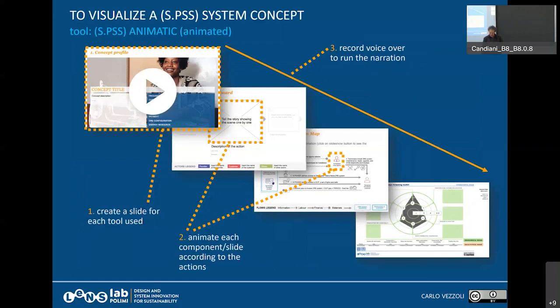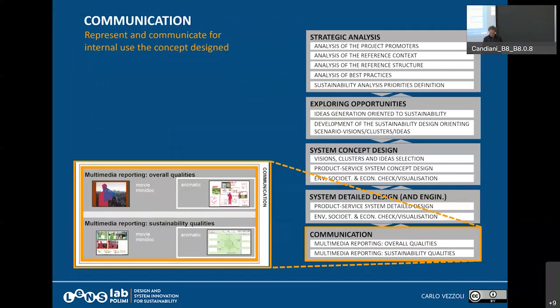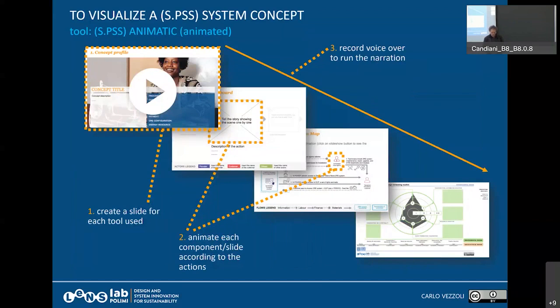Right, when this is made, the last thing that you will be asked to do is an animatic, an animation of static images, in which you will be using some of the visualization tools that, as I said to you many times, are even used for a strategic conversation with different stakeholders that may have different technical languages.